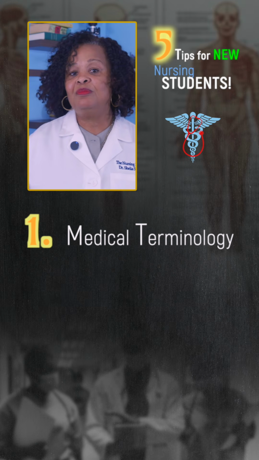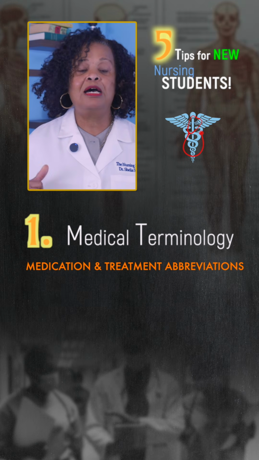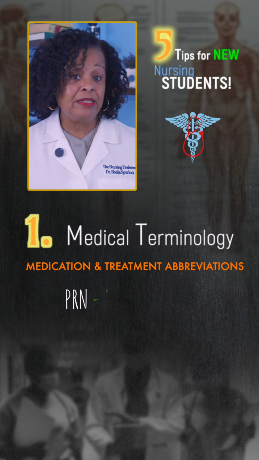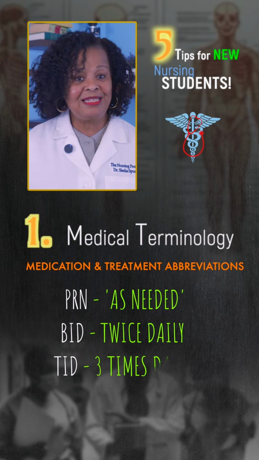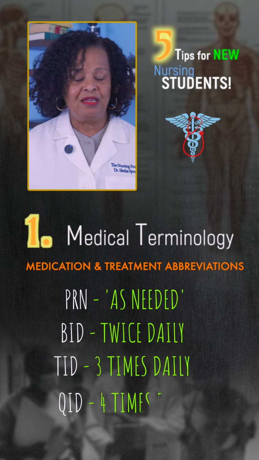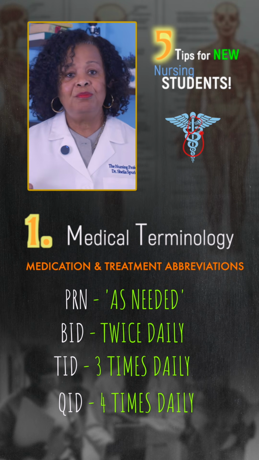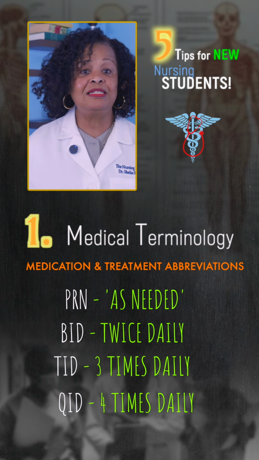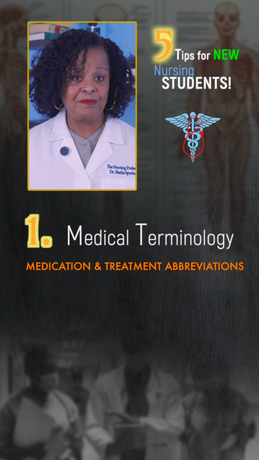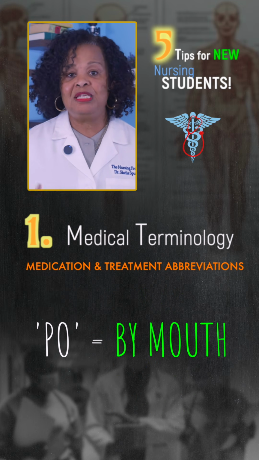All right, so here are some other abbreviations that you should know. PRN, which means as needed. BID, TID, and QID are frequently used. BID stands for twice, TID stands for 3 times, and QID stands for 4 times daily. When we say PO, we mean by mouth.